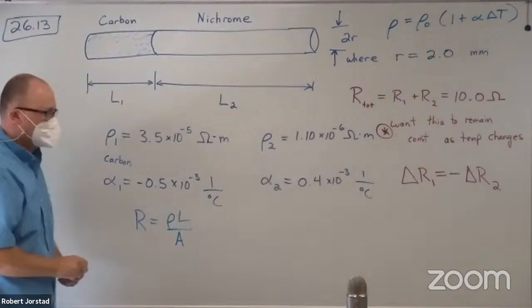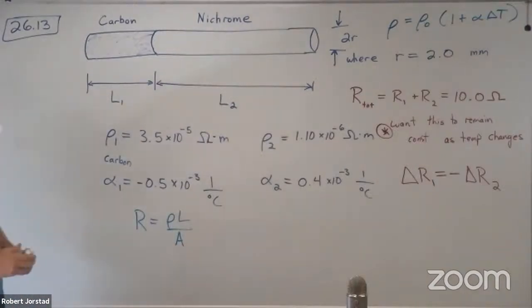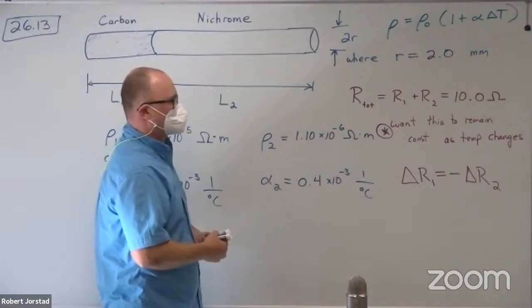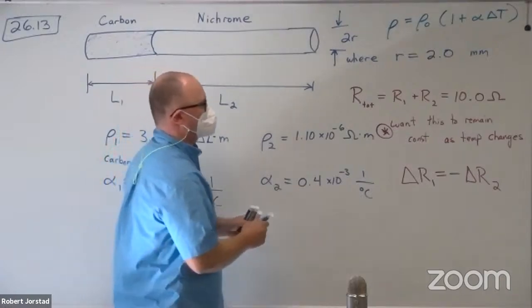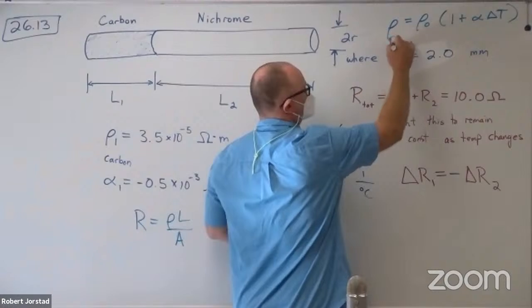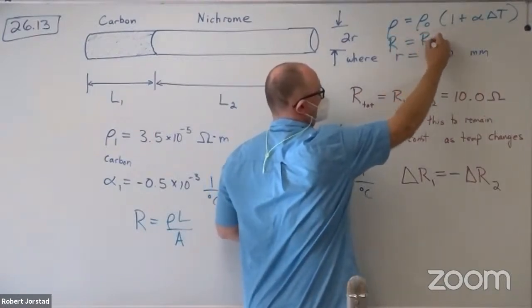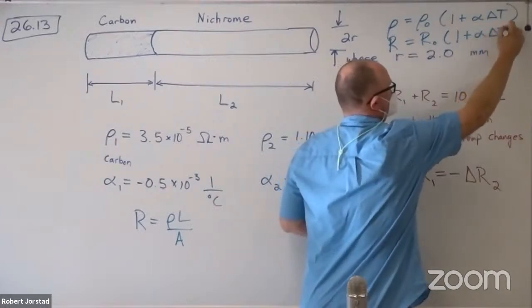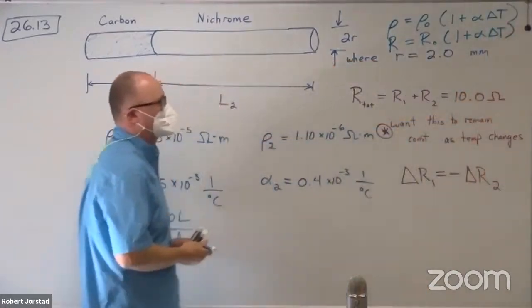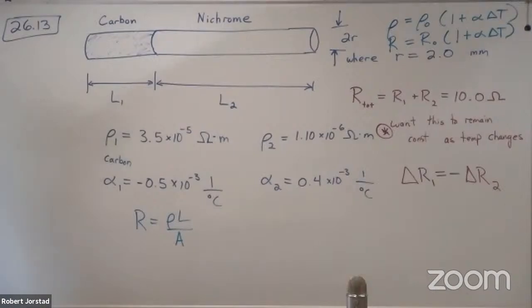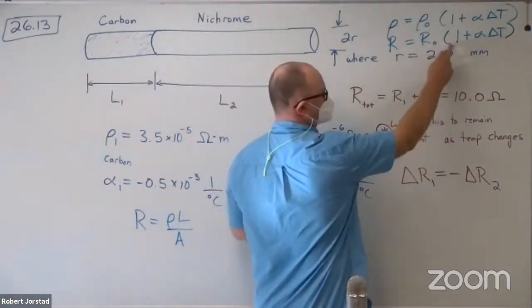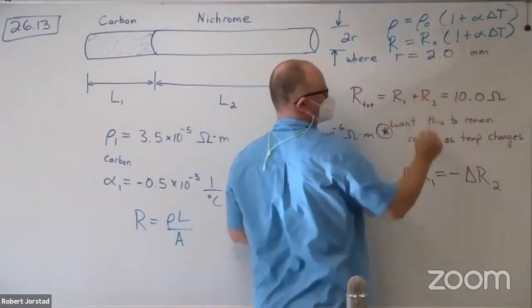Excellent. Well, wait a minute. What is delta R1? Let me help you. There's a resistance version of this. That's the resistance version of that equation. Which part gives us the change? Is it the first term or the second term?